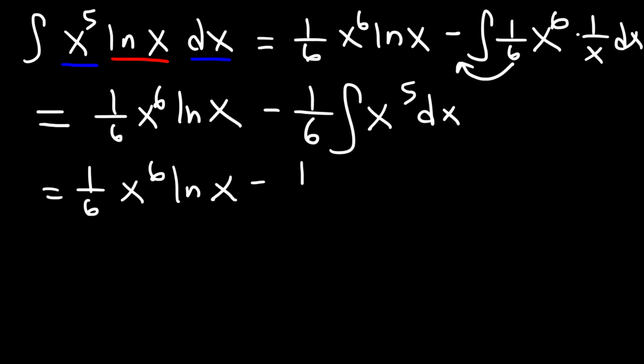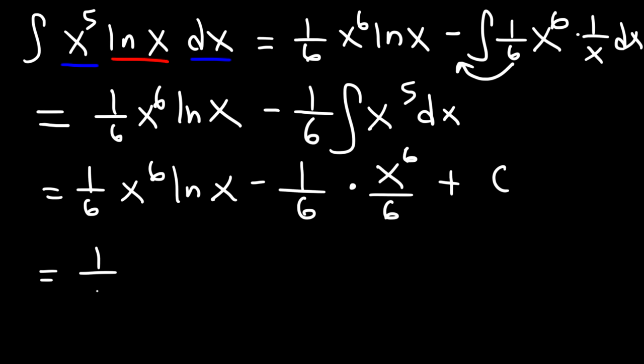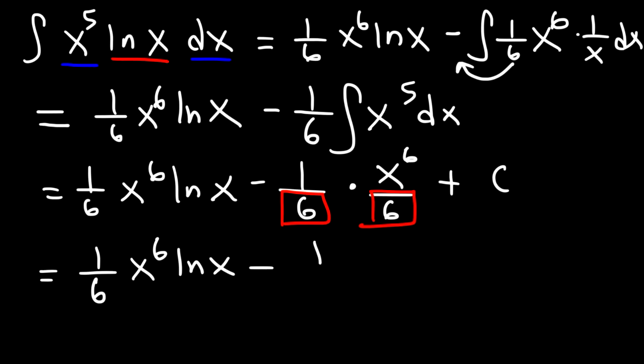Now the antiderivative of x to the 5th using the power rule is going to be x to the 6th divided by 6 plus some constant c. So the final answer is 1 over 6 x to the 6th ln x, and then we have 6 times 6, which is 36. So it's going to be minus 1 over 36 x to the 6th plus c.